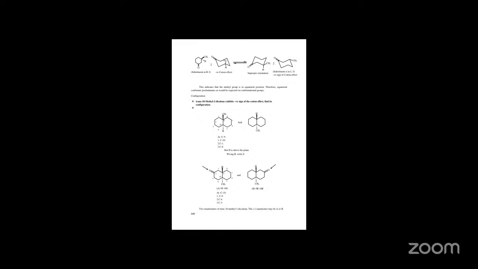Find its configuration. So you can assign the configuration and conformation with the help of the Cotton effect. Here the given 10-methyl 2-decalone exhibits a positive sign of the Cotton effect. So you have to find what the configuration is here.